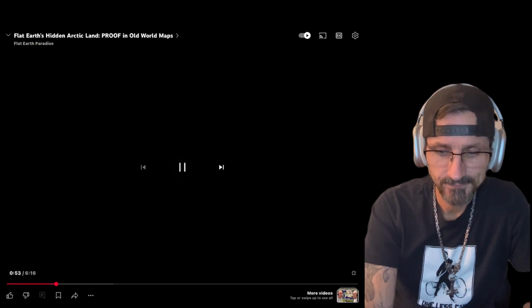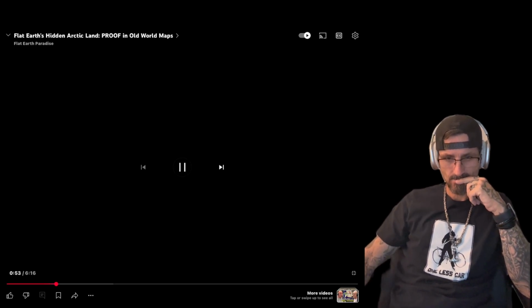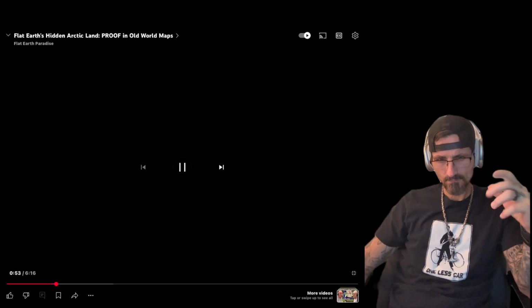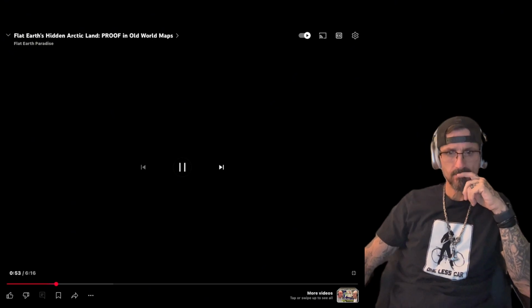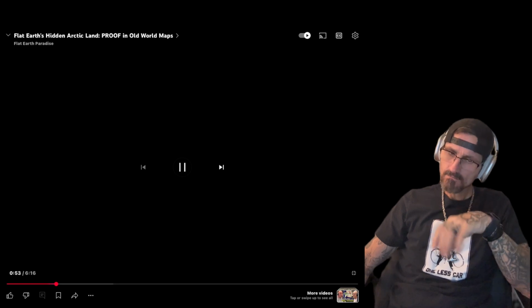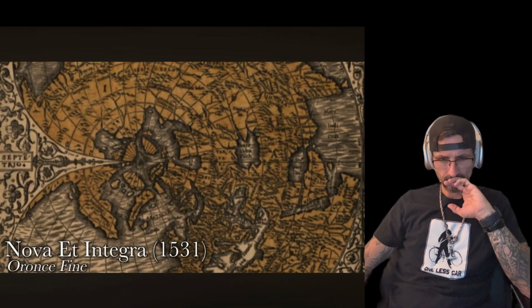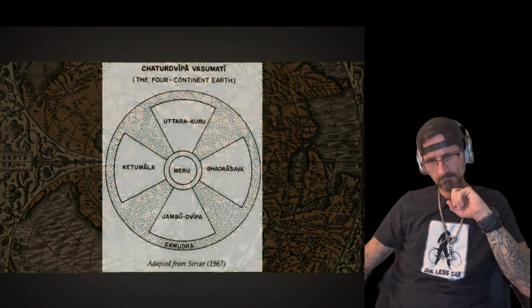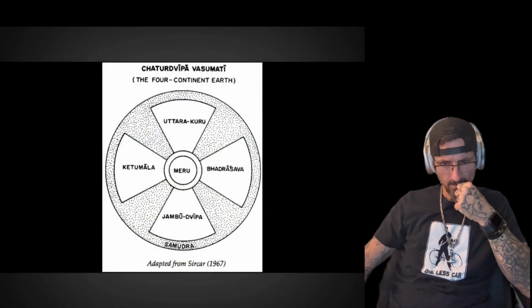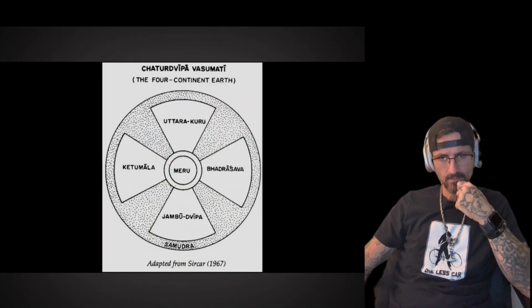What they tell us and how they relate. This map from 1531, made by Oronce Fine, shows 4 large islands at the North Pole, with various landforms scattered around. Just to demonstrate where we are, many have never looked at older maps. This is Europe, Africa, Canada, and Russia. This is Greenland, quite close to the North Pole's southern continent. At the center we see a massive rock formation or mountain. We can draw similarities to the center of the 4-continent system of Asian cosmology, where a sacred mountain known as Mount Meru or Mount Shumasin lay.